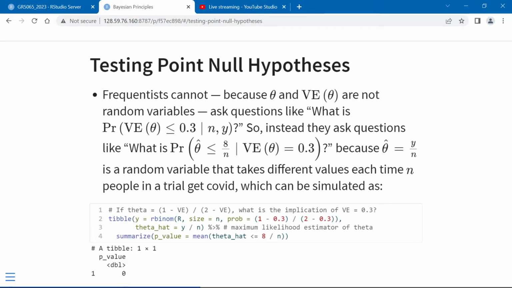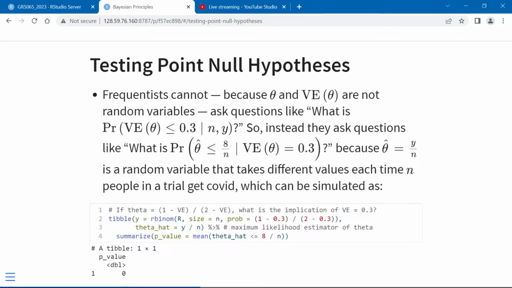If we were to repeat this trial over and over again, we get a distribution of the estimator of theta, and we can evaluate the CDF of that distribution at 8 over n to ask what's the probability of getting a more extreme estimate than what we got in the one trial they've actually done, given that the vaccine effectiveness is 0.3.